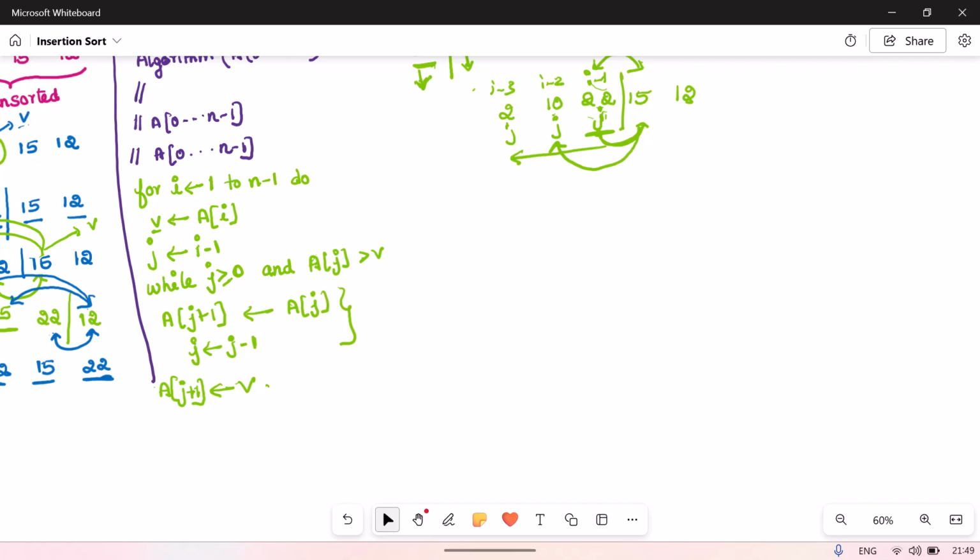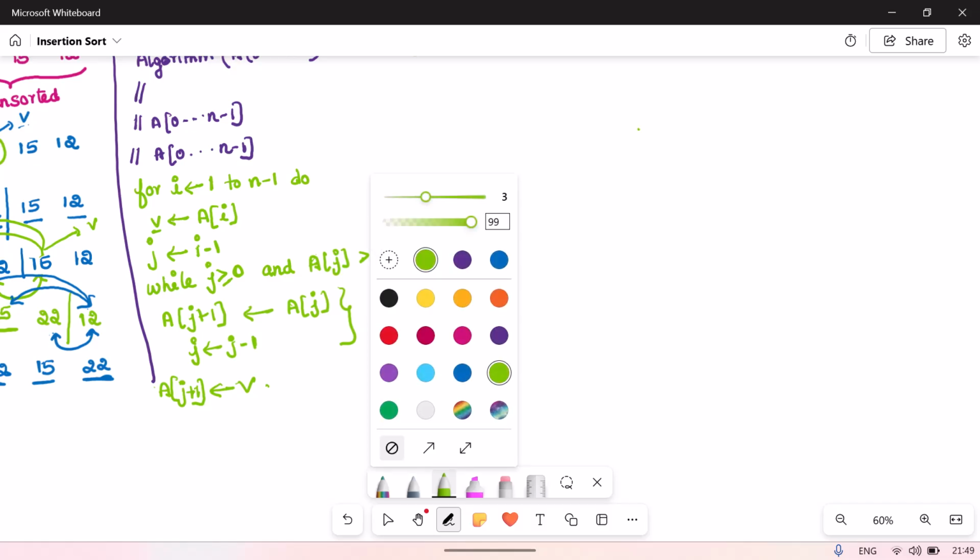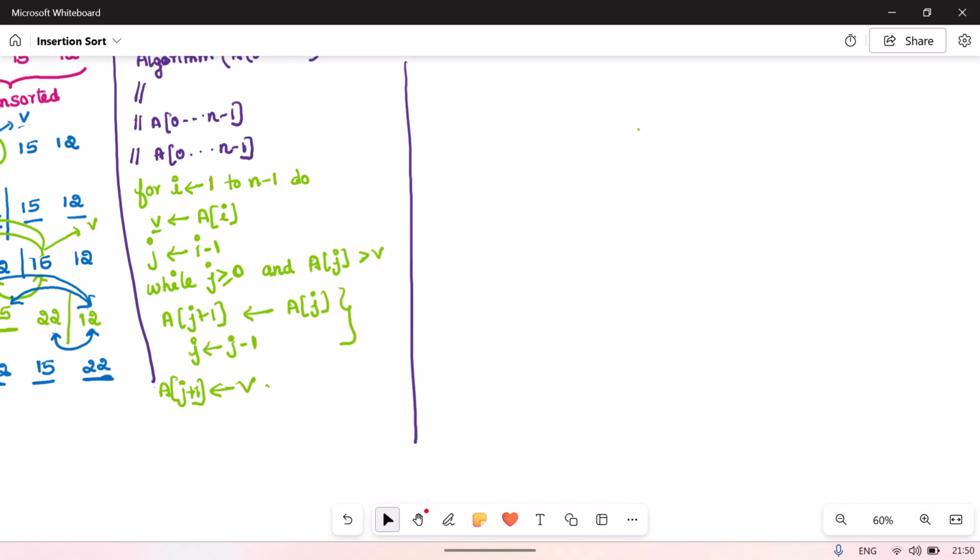See, this is the algorithm. So we'll do all the three cases. First, I'll do the best case, then average case, and then the worst case. Okay. So if you remember, we have to identify the basic operation.